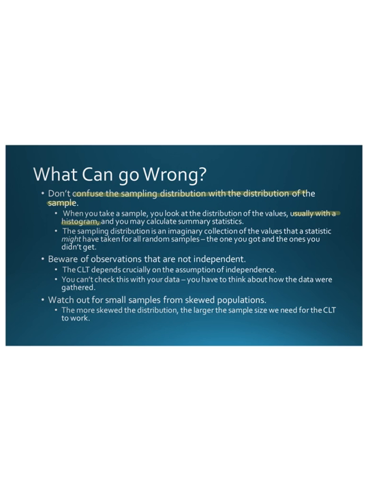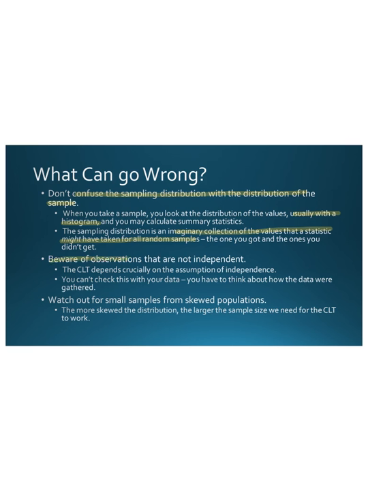The sampling distribution is an imaginary collection of the values that a statistic might have taken on for all random samples, the one you got and the ones you did not get. For example, in our dice activity, the ones we got are definitely there, but remember there's a whole bunch of other scenarios that we did not get.